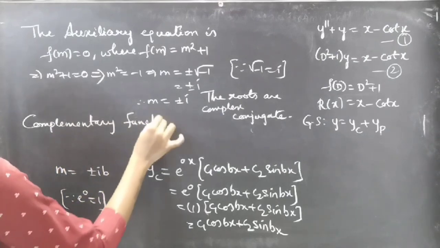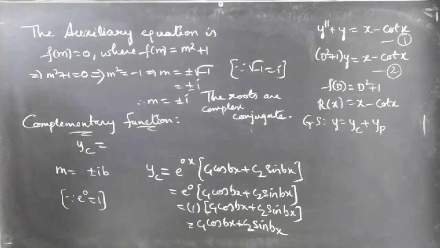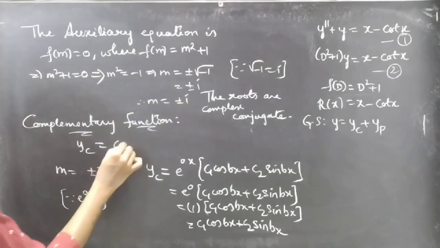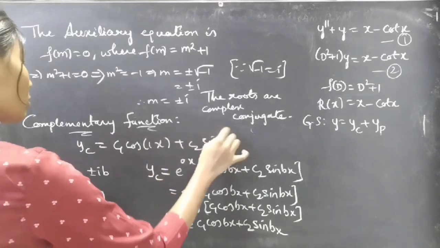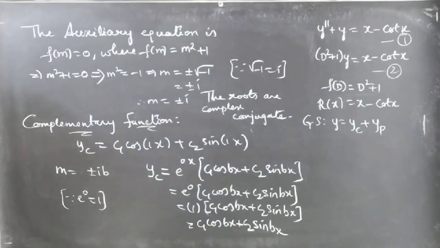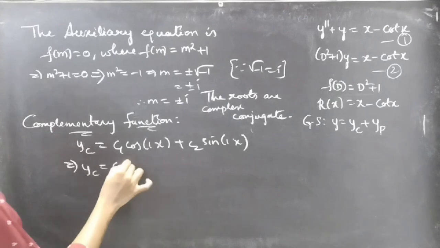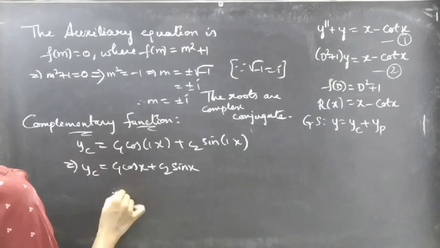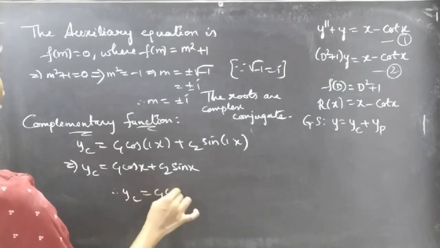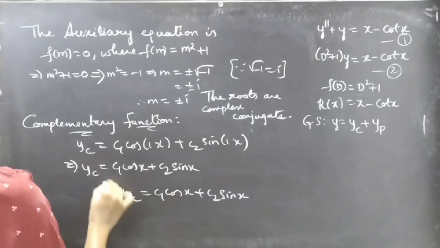Complementary function yc equals to, just compare plus or minus i with plus or minus ib, then for b equal to 1 we'll have c1 cos bx plus c2 sin bx, which gives us yc equals to c1 cos x plus c2 sin x. Therefore yc equals to c1 cos x plus c2 sin x.